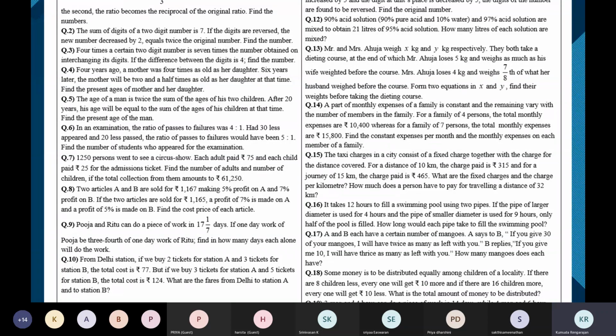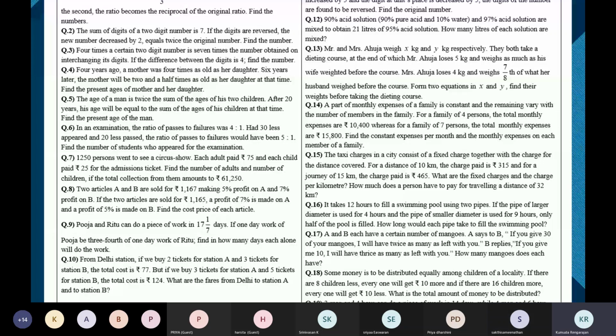Now, when you subtract these two, you will get how many failed, right? In the second case, how many appeared? X plus Y minus 30. And how many passed? X minus 20. Now the difference will give you the number of students who failed.